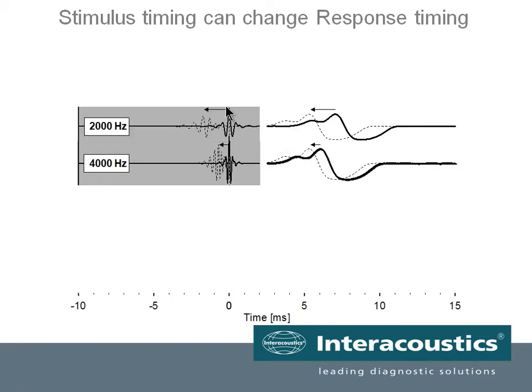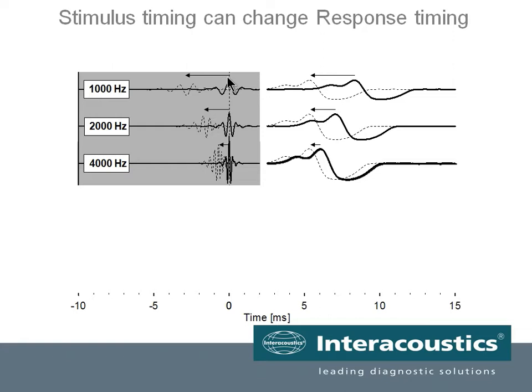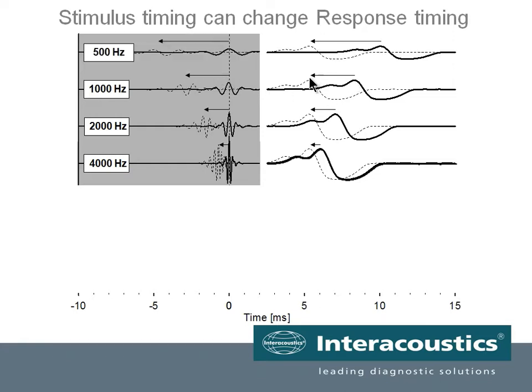If we take this one and we move that a little bit more, so instead of presenting it here, we would present it there, then the associated response would move by a similar amount. The same for 1K, we could move that quite a lot, which would move the response quite a lot, and for 500 Hertz even more.